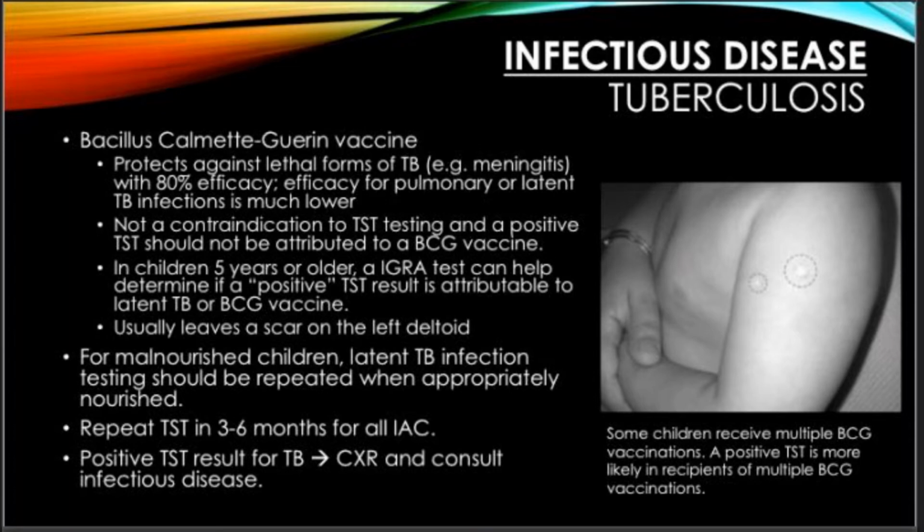The important thing to know for us, and this is often a source of confusion, is that having received the BCG vaccine is not a contraindication to doing the tuberculin skin test. You can still do the TST even in kids who have evidence of having received the BCG vaccine.